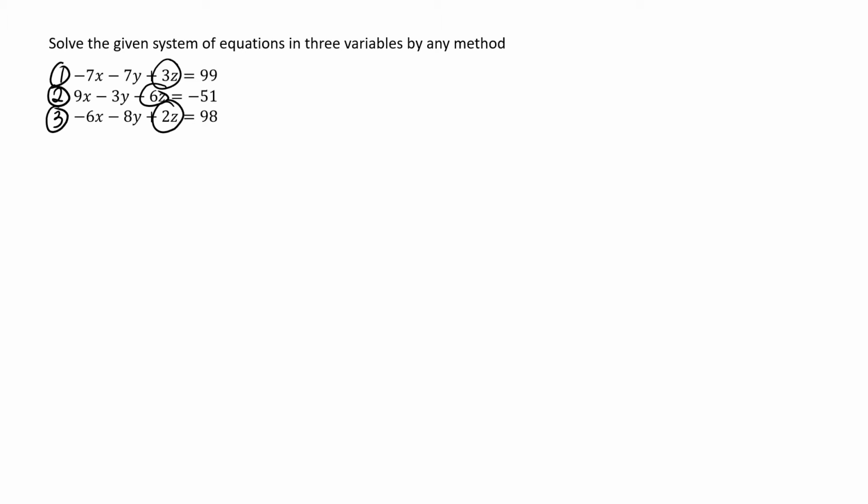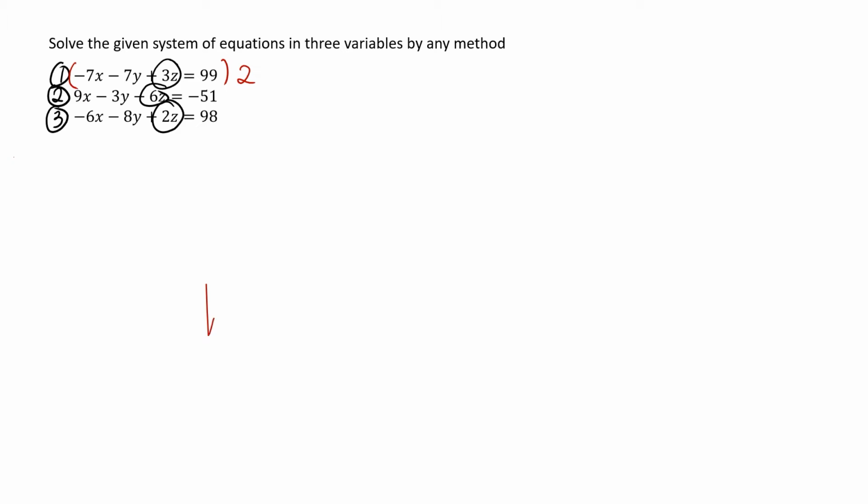So first things first, I'm going to take 1 and 2. I need to cancel those amongst each other. What can I multiply 1 by to cancel out the z's? Well, I can multiply it by 2. So I'm going to multiply that whole thing by 2, and I'm going to put it underneath.